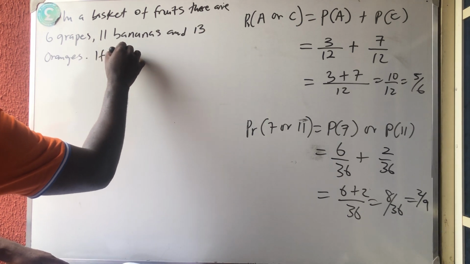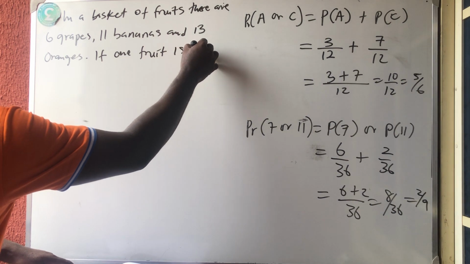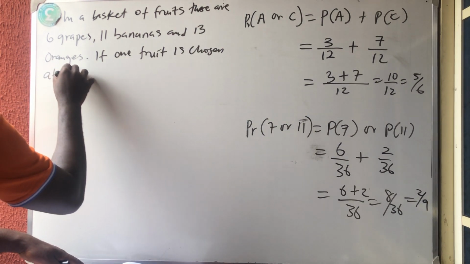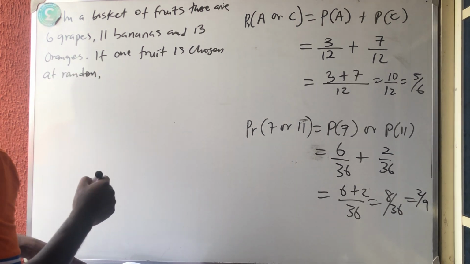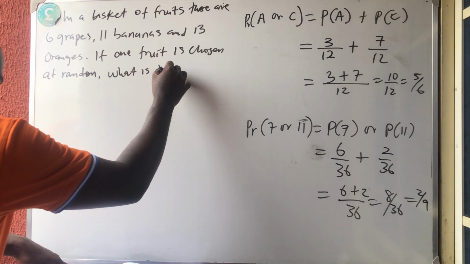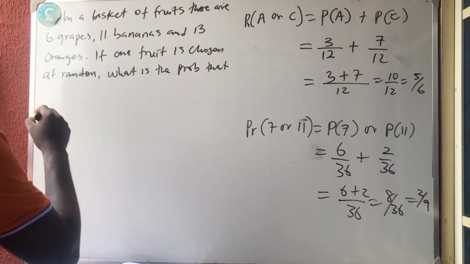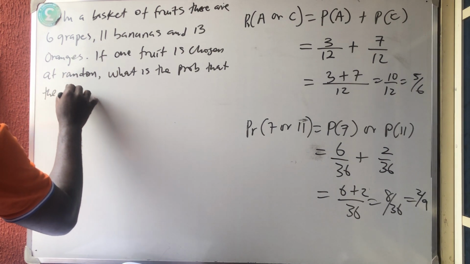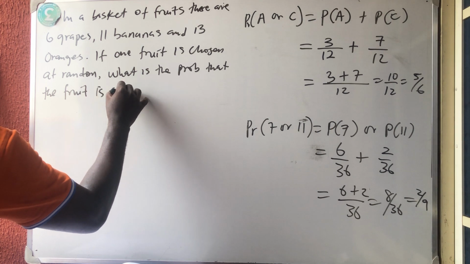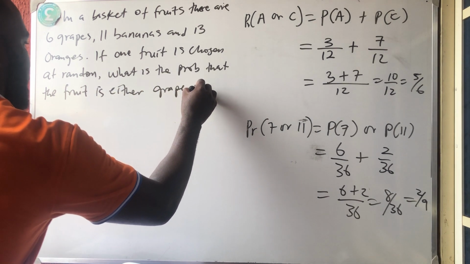If one fruit is chosen at random, what is the probability that the fruit is either grape or banana?